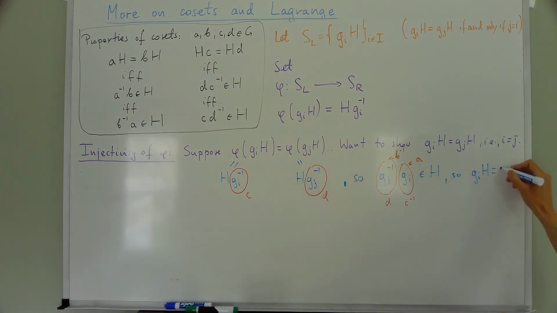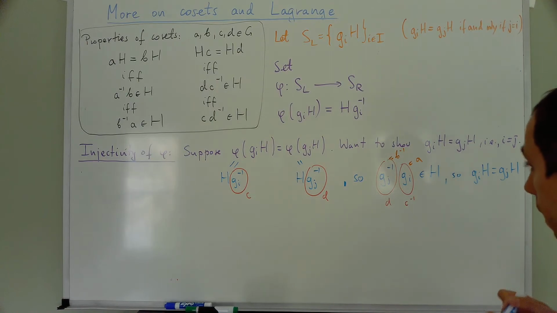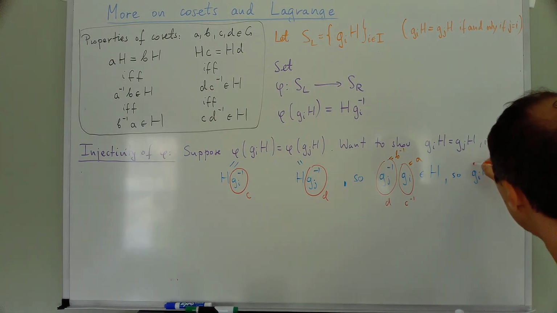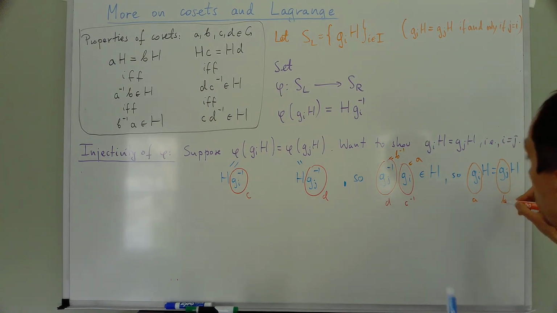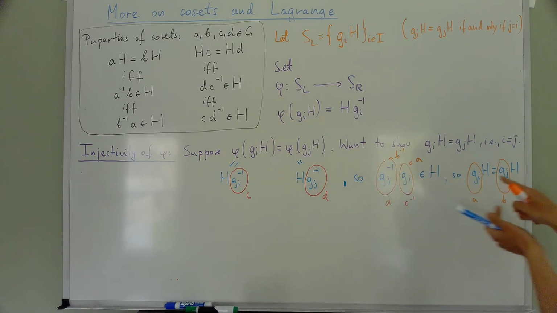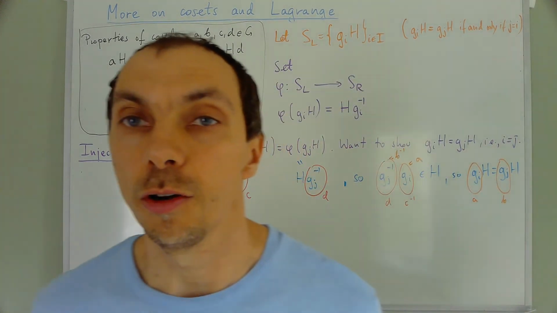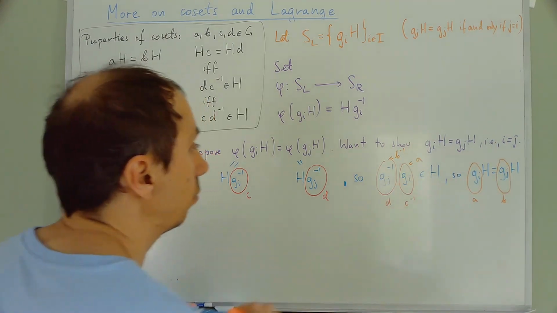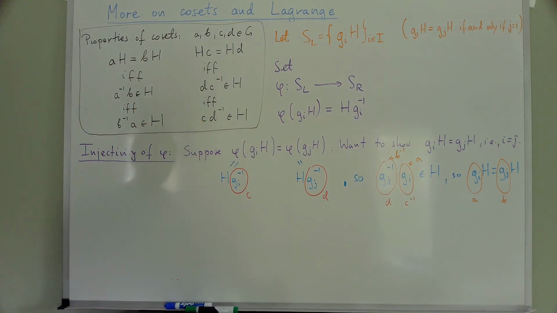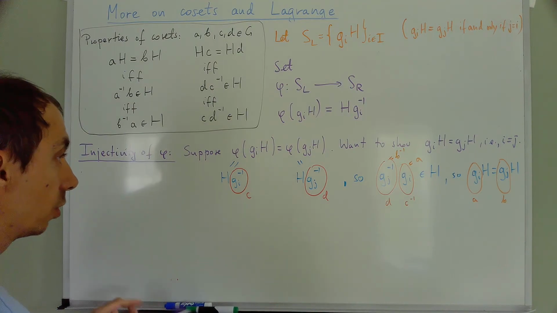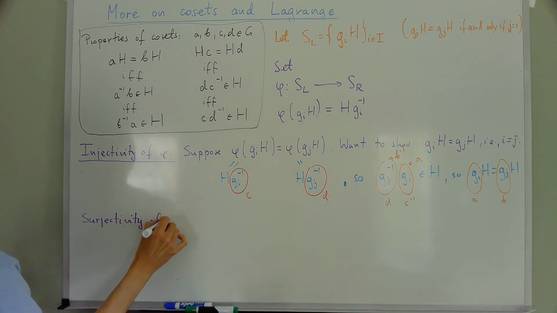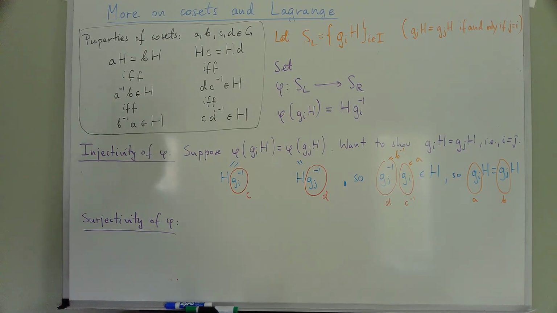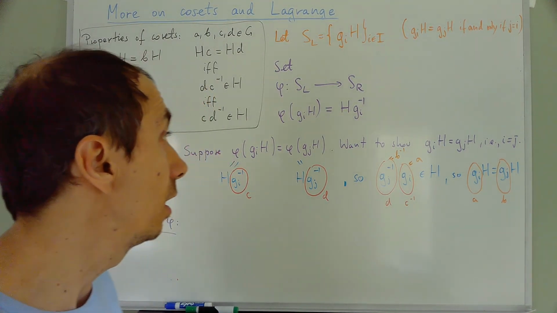So this is B inverse, so g_j H. Right? If this was A and this was B inverse, then this is A and this is B. So look, I've shown exactly what I want. So I get injectivity. So now, surjectivity. I want to show that I get every coset inside SR.